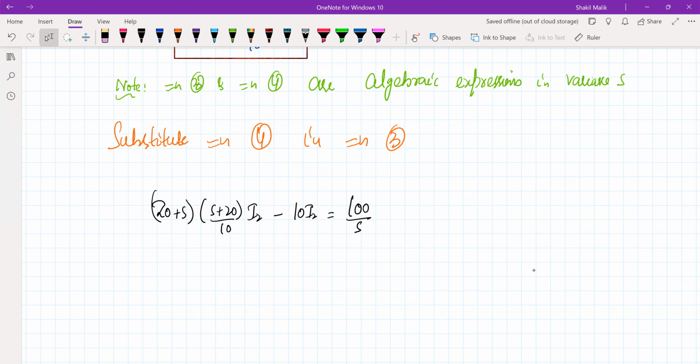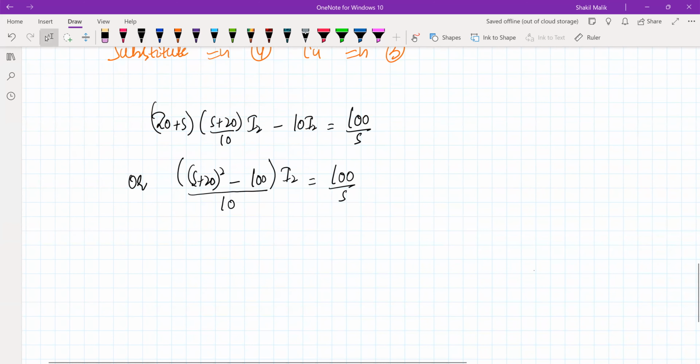Now from this we'll write (s plus 20) whole square, I hope I'm right, minus 100, I2 divided by 10, which is equal to 100 divided by s.